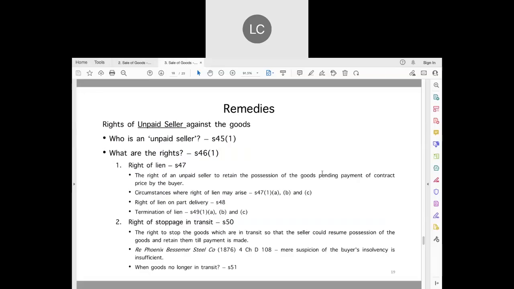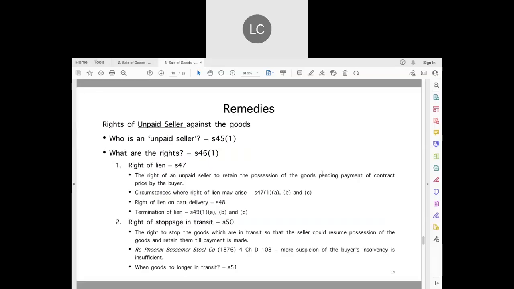And lien may be terminated upon the occurrence of an event. So that is under section 49. Section 49 sub 1 says that the unpaid seller of goods loses his lien.